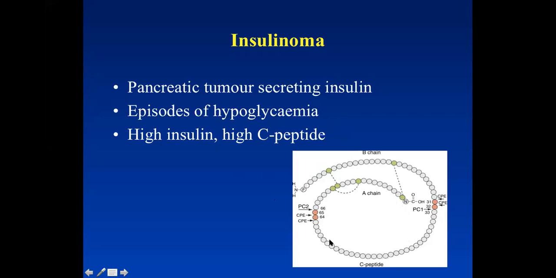But if a patient with insulin given because he's diabetic comes with hypoglycemia, if you do the C-peptide levels, we don't detect high C-peptide levels, because the synthetic insulin that we give as a drug doesn't have this C-peptide part. Okay, so synthetic insulin has only A and B chains, no C-peptide. So we don't detect high C-peptide levels in people who take insulin as a drug.